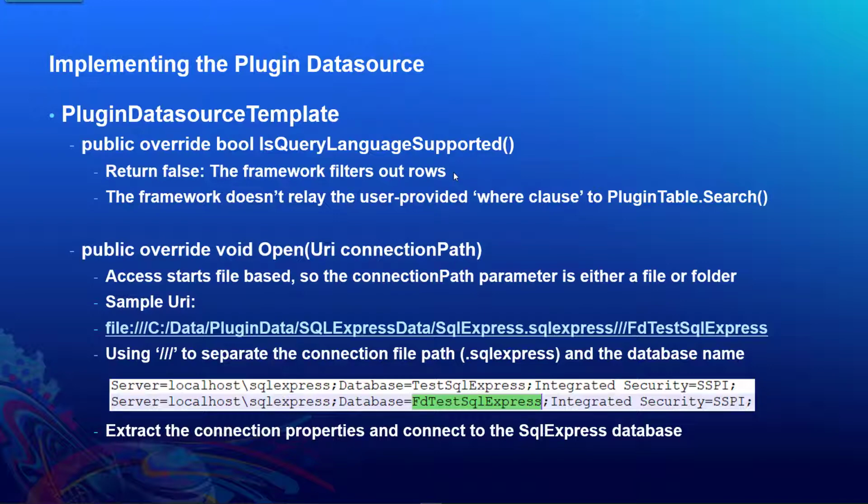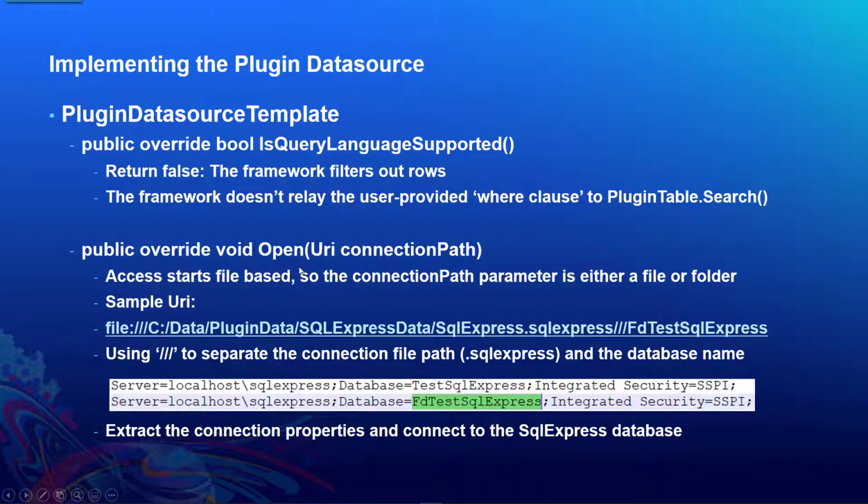I don't have to implement any row filters. I always return all rows of my custom data source, and Pro does the rest. The framework doesn't relay any user-provided where clause to the plugin table search methods, so I don't need to worry about where clauses or spatial queries.